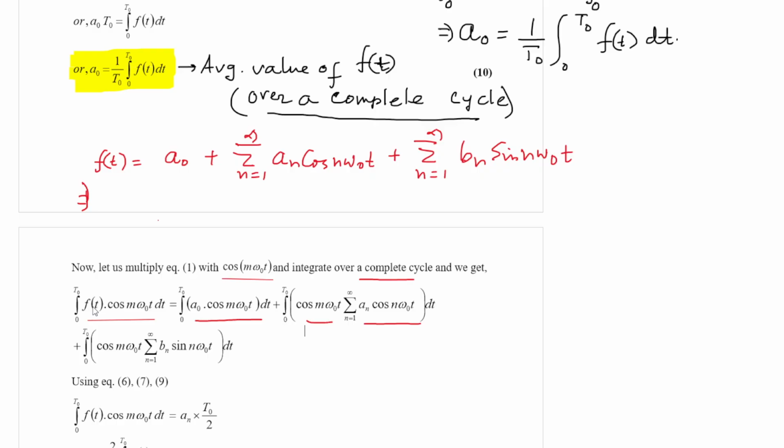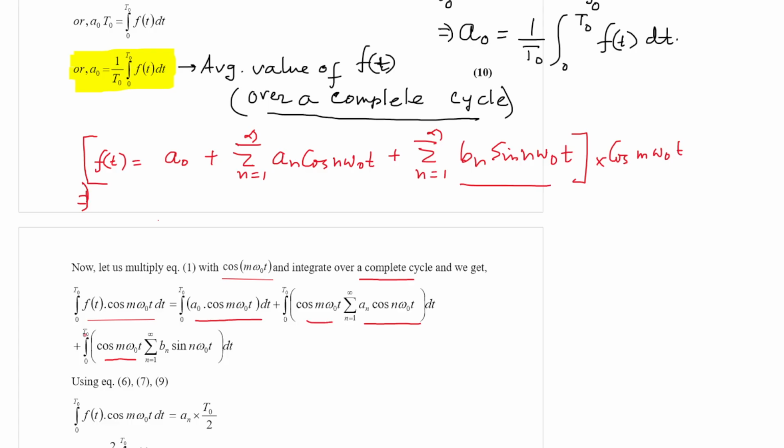And finally we have the sine term. So we are multiplying this entire equation by cos m omega naught t, and integrating each product from 0 to T0.